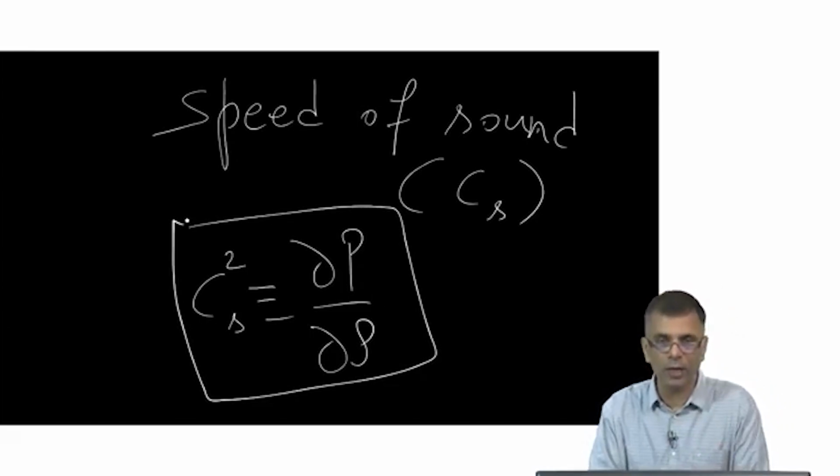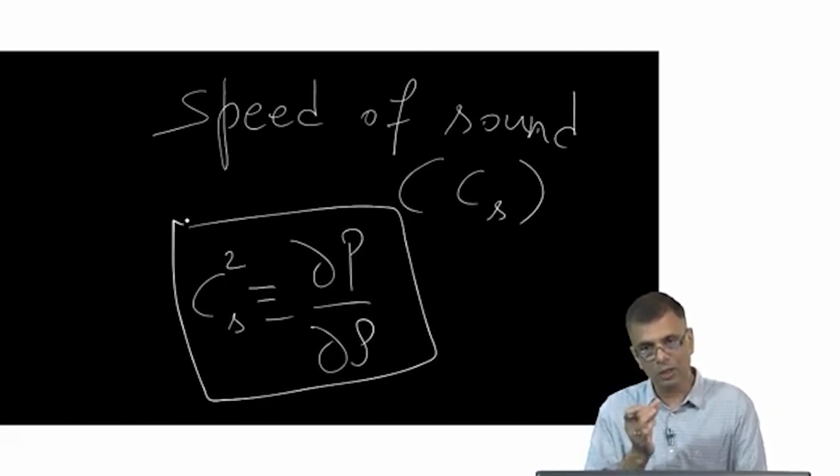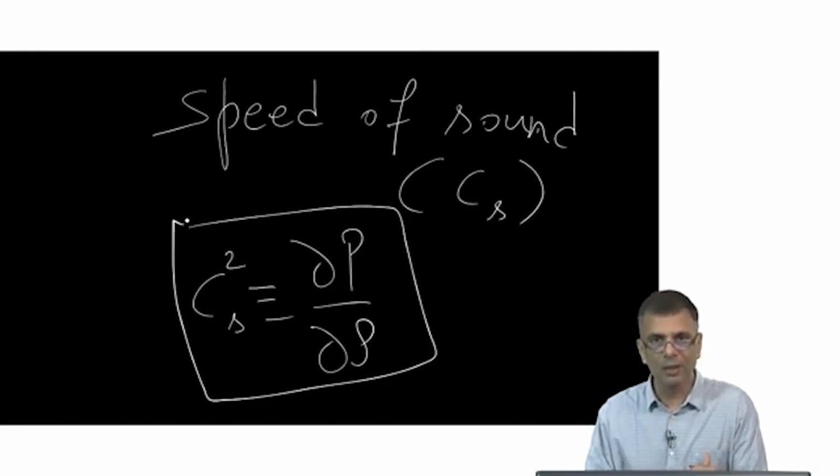We will figure out how the speed of sound, which is essentially the speed at which small disturbances travel, is always this. Afterwards, we will ask: how about flows where the flow is slower than the speed of sound?